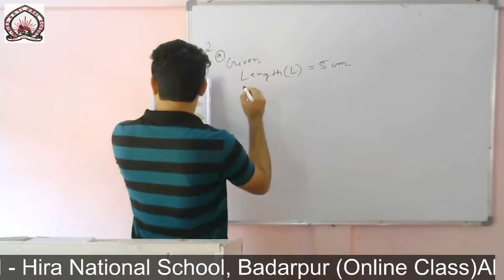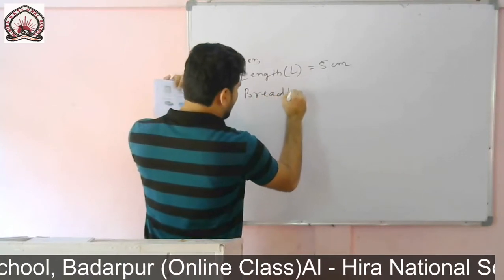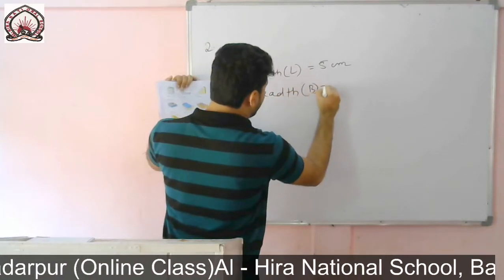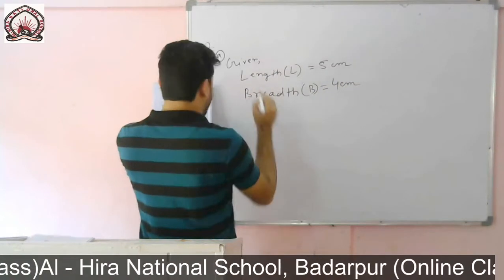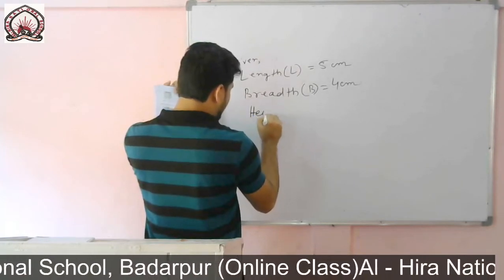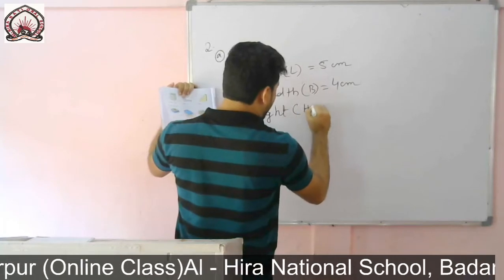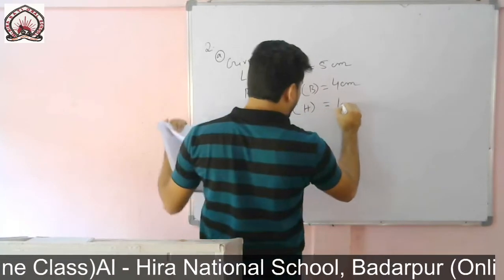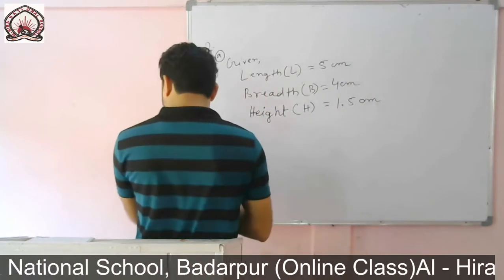Okay, breadth bracket B, you can write 4 centimeter. Okay, and height, you see small height, bracket H equals to 1.5 centimeter. Okay, 1.5 centimeter.